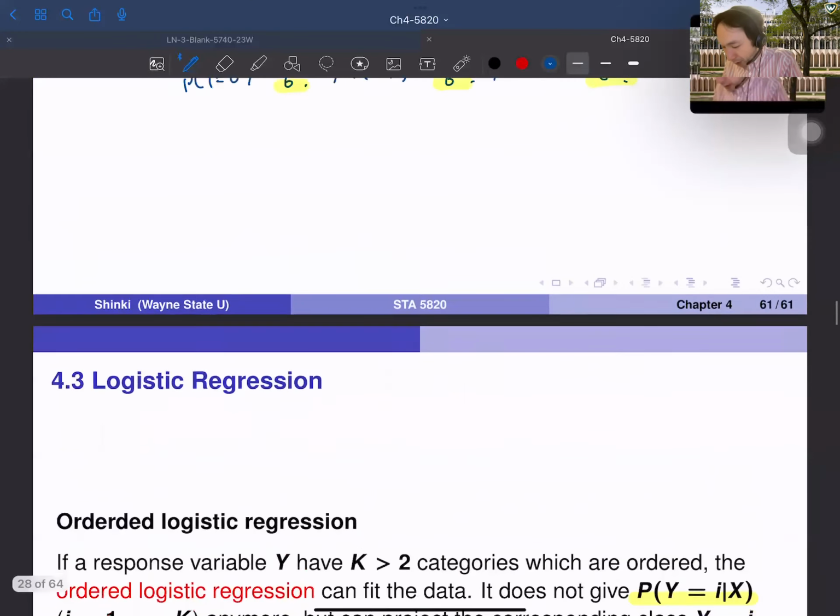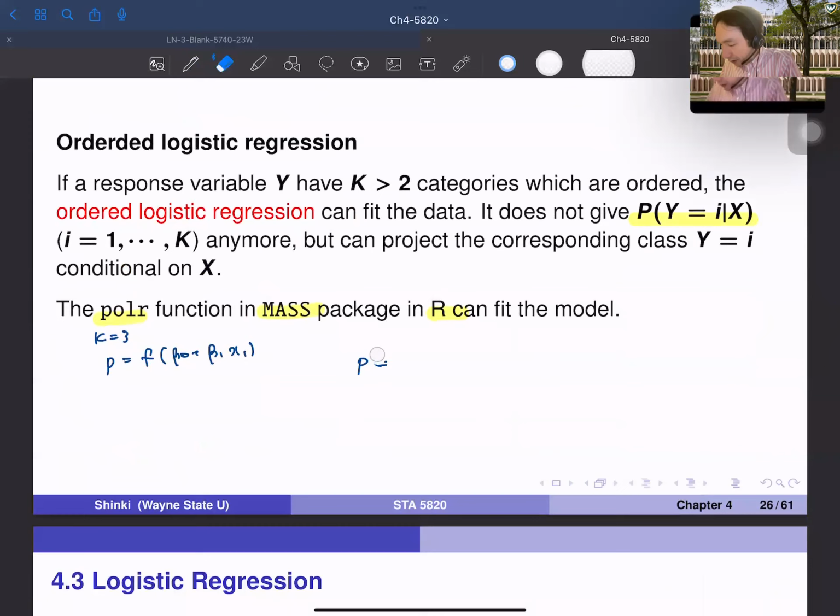Then if p is between 0 and 0.5, we categorize this as class 1, and if p is between 0.5 and 0.7, we predict class 2, and if p is more than 0.7, we categorize this as 3, something like that.